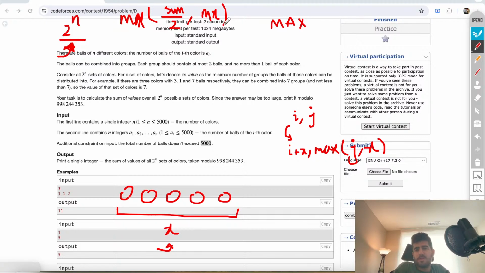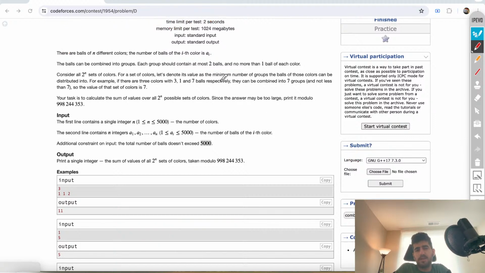Do you agree that nothing changes if we sort it initially? Their order doesn't matter, they are just the number of balls. So we can have them in a sorted way.